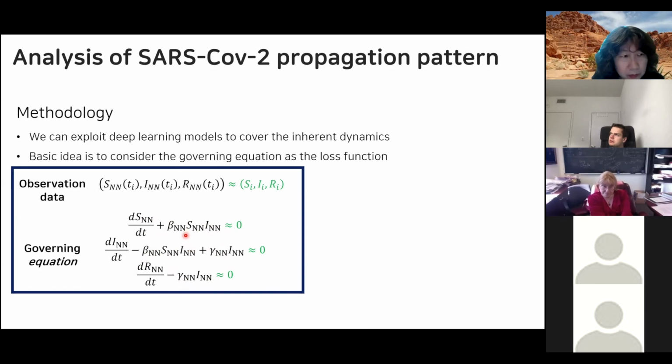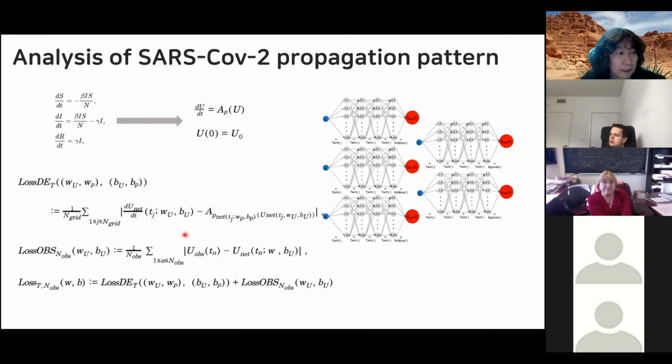Here we can see the structure of the differential equation described, and on the right, the artificial neural net information used for deep learning.